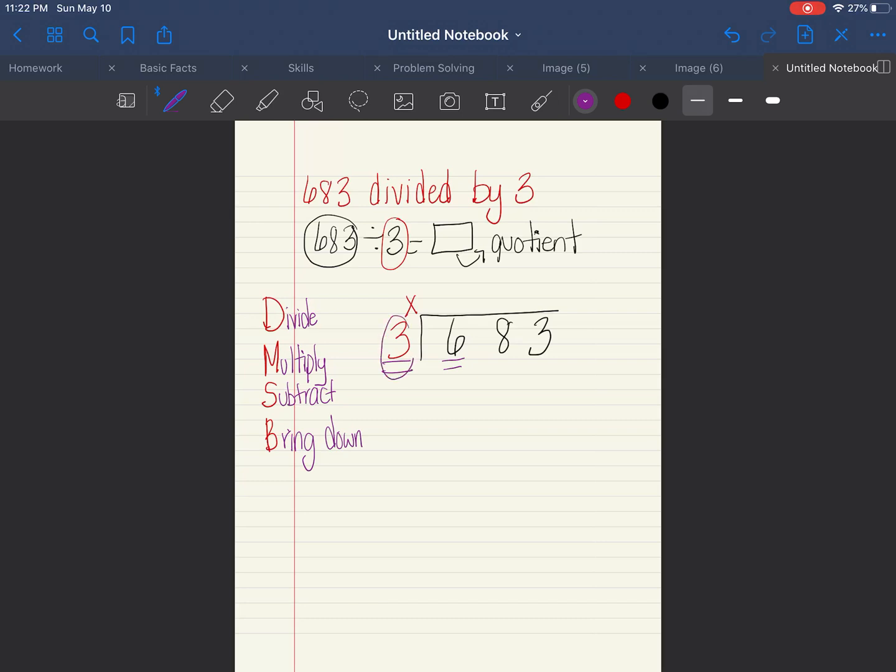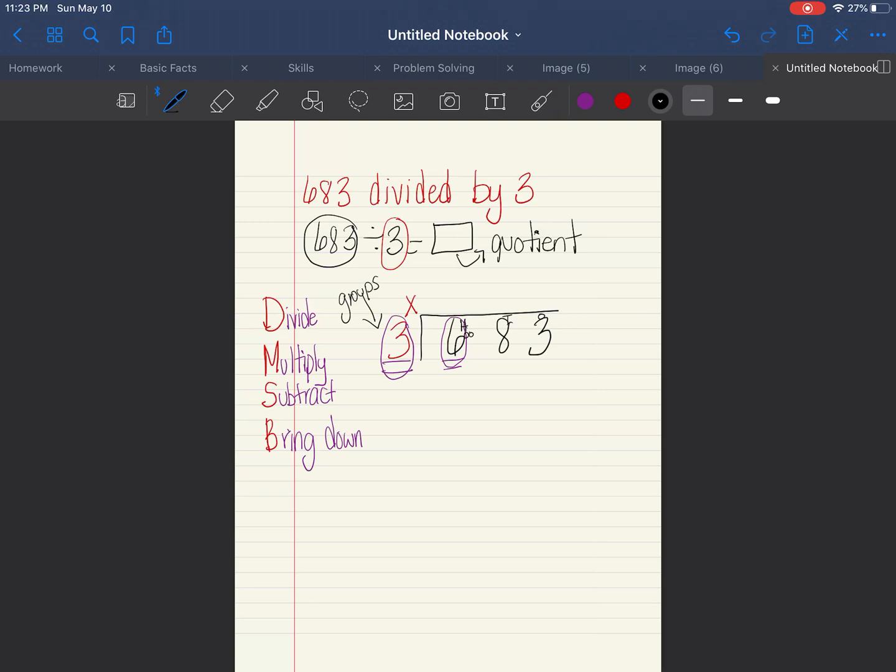So the very first thing I'm going to do, since I have a 3 and I have a 6 inside. Now, why did I not look at the whole number? Because we only have 1 digit, so we're going to divide only by 1 digit. Remember, these are my groups, and I'm trying to share 683.